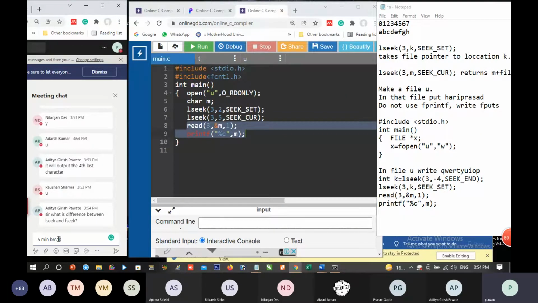Yes, LSEEK is low level and FSEEK is higher level. And what is the difference between low level and higher level? Mostly in terms of buffer, which we shall see. Buffer will be taught to you in great detail. Is it correct? Yes.